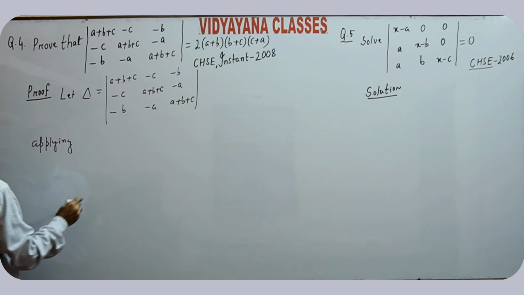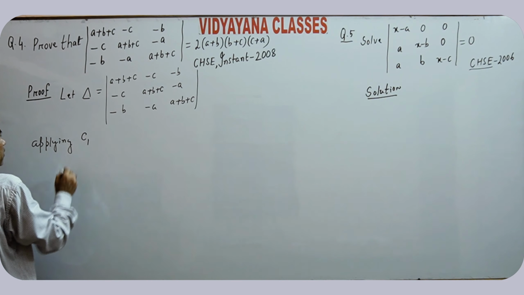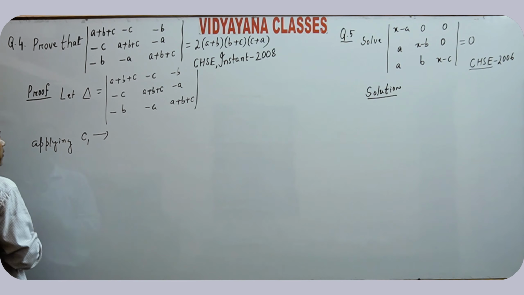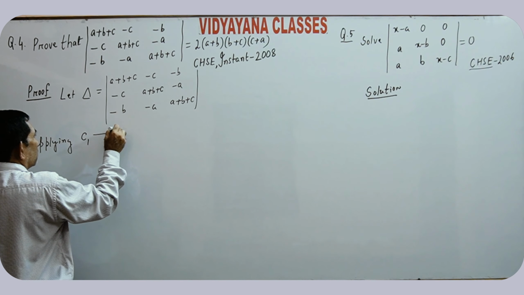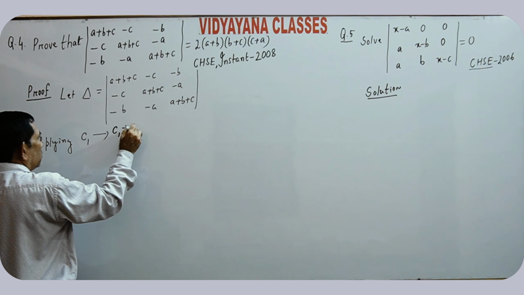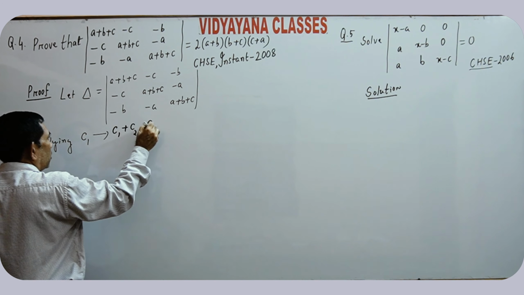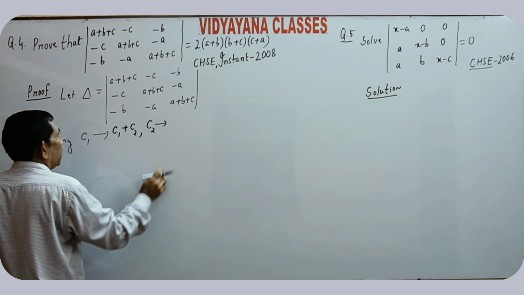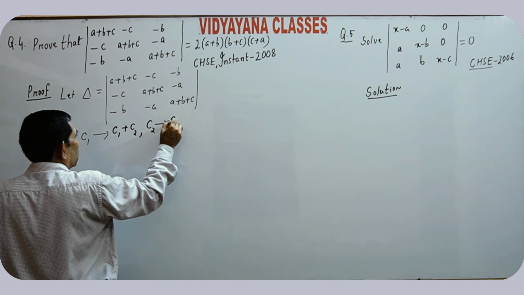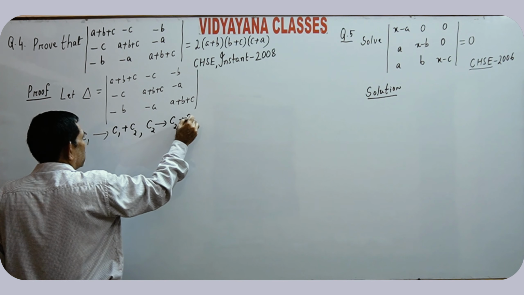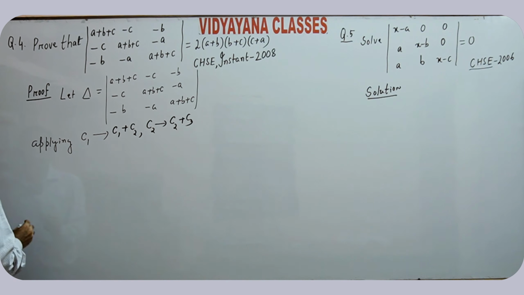Applying column 1 replaced by column 1 plus column 2. Column 2 replaced by column 2 plus column 3.